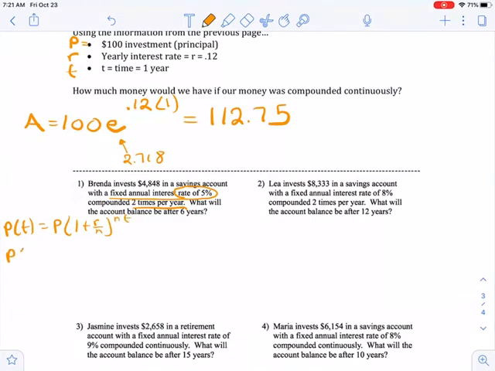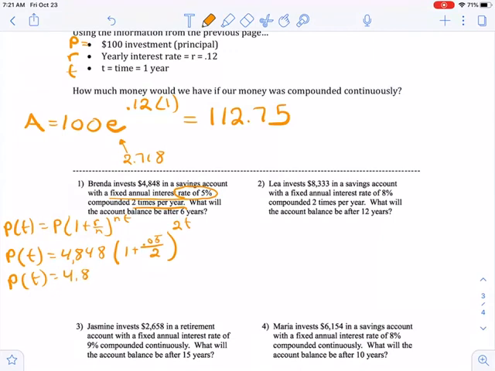And then I'm going to write the specific one for this problem. So my initial amount invested was $4,848. This is going to become 1 plus 0.05 divided by 2 because it's 2 times per year. And I'm just going to leave this as 2t up top.